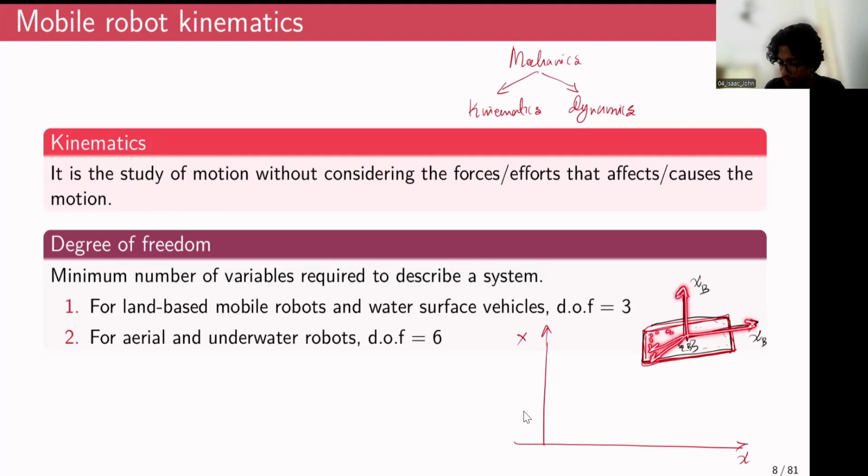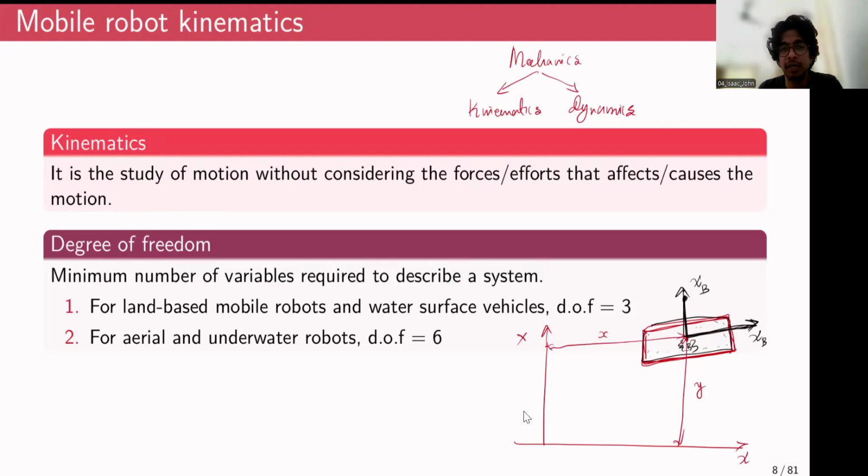To determine the position and orientation of the body fixed frame, you need three coordinates. The first two coordinates are position coordinates. This distance you can consider to be the y coordinate, and this distance to be the x coordinate, right? If you consider this to be the origin of the body fixed frame of reference, you need two coordinates, x and y, to locate the origin.